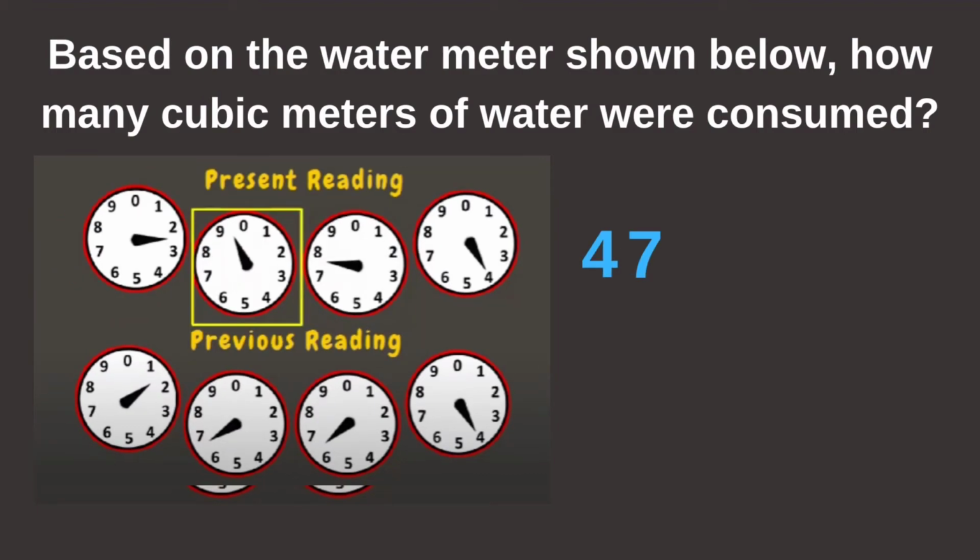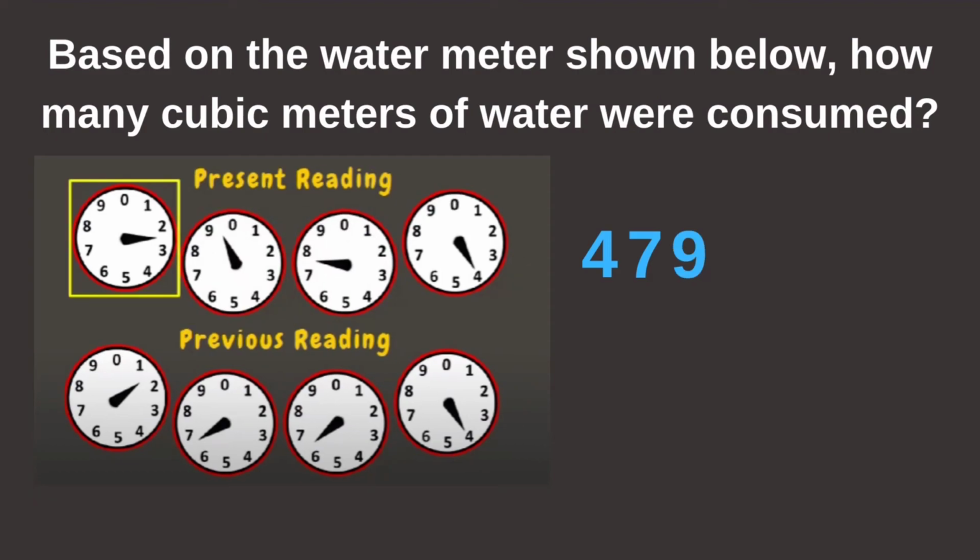Next one, the pointer points between 9 and 0. Since the pointer has not yet passed 0, we are going to record 9. And lastly, the pointer points between 2 and 3. Since 2 is the smaller number, we are going to record it.